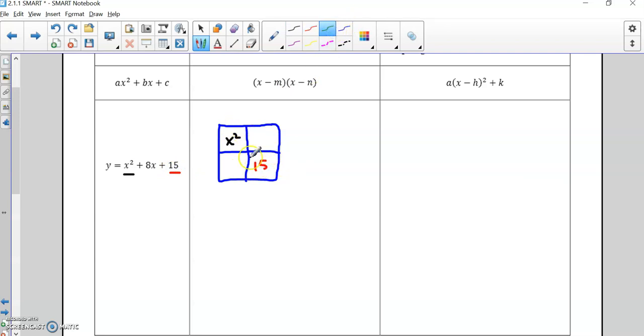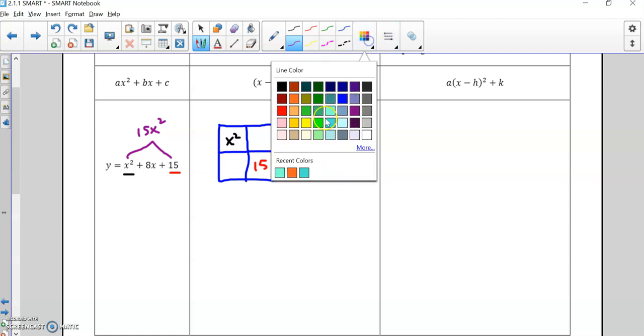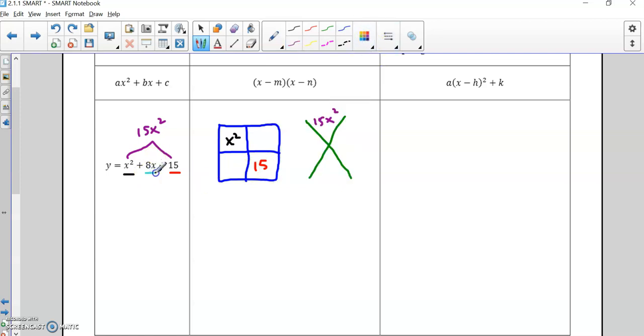Once you do those two, you have to start the diamond. First term times the third term equals 15x squared. So that's what you put up here. And then remember, your second term is what goes down here. This setup is so standard, you always have to follow the same set of rules.